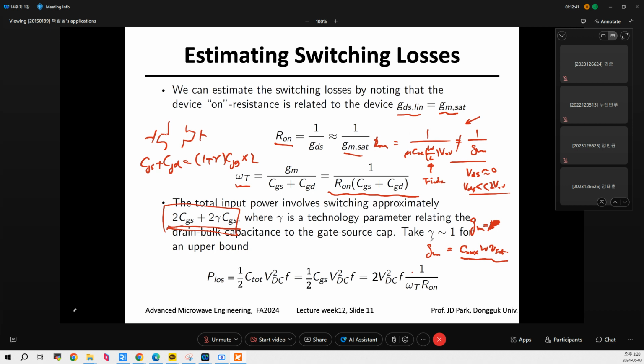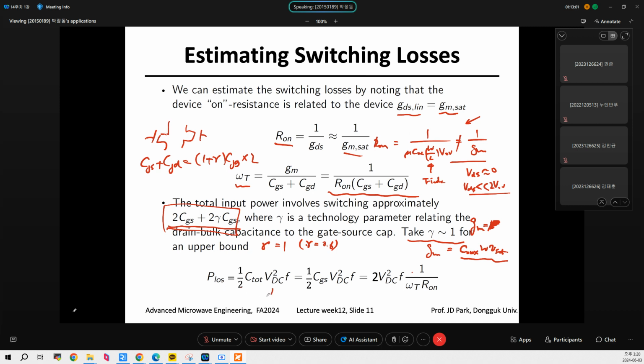As an upper boundary, we just set gamma equal to 1. Typically gamma is 0.6, but we just set it to 1 for the simplification. Then what is this?